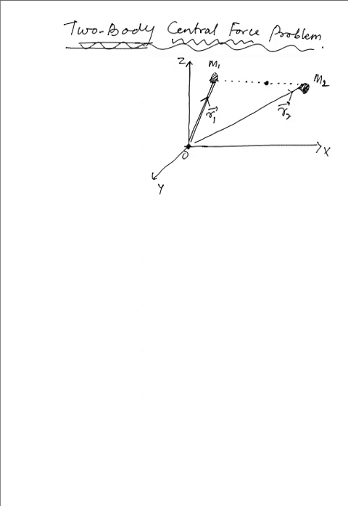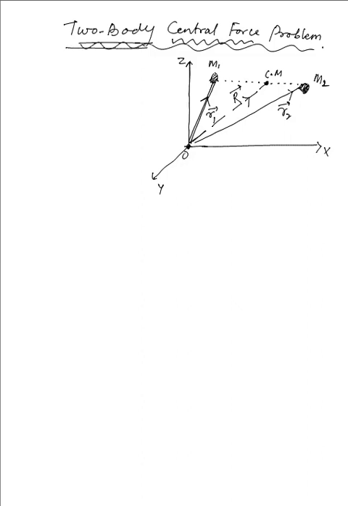That has a position as well, and let me represent it with a capital R. This capital R gives me the position vector of the center of mass of that system.